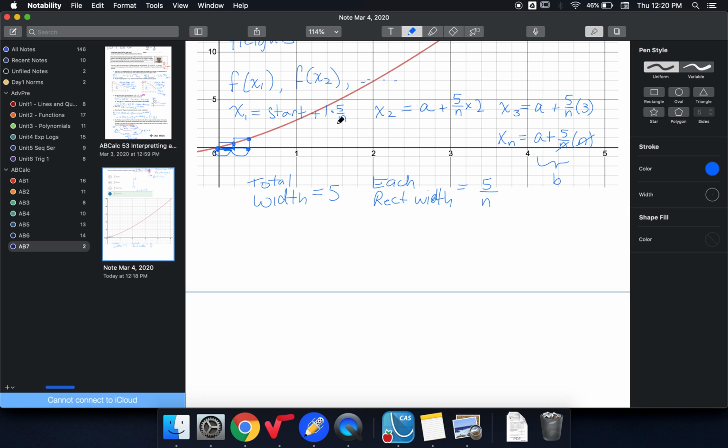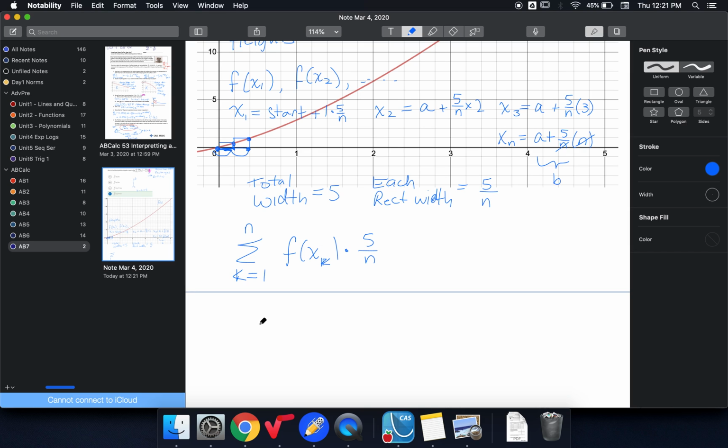Well, I don't want to have to write out every single x value, especially because n is going to go up to infinity. So that's why I need my summation notation. So I'm going to take the sum from k equals 1 to n, f of x sub k, so that's all my heights, times 5 over n, which is my widths.